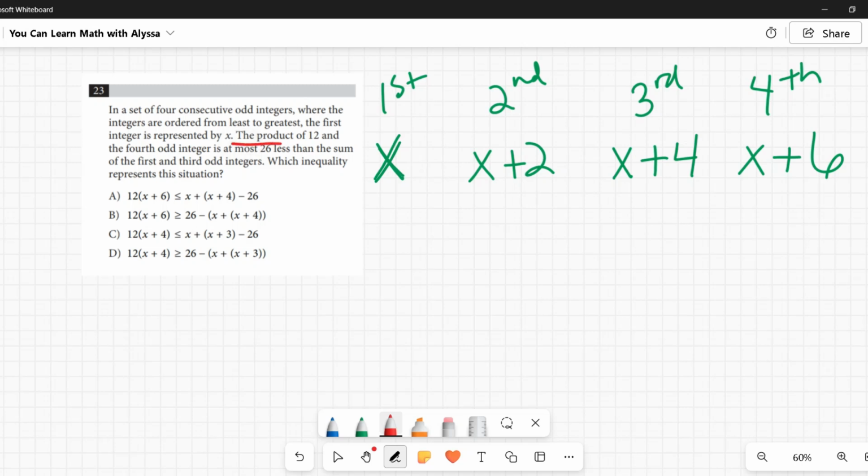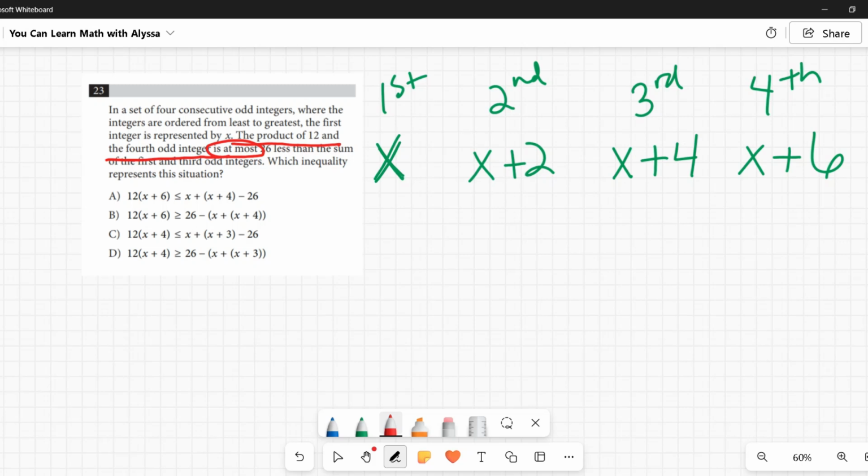So it says the product of 12 and the fourth odd integer is. I'm going to pause right there because the "is" is usually an equals point. But there's a little bit of a flourish here. It says not just "is," it's "is at most." Okay, so this is an inequality.